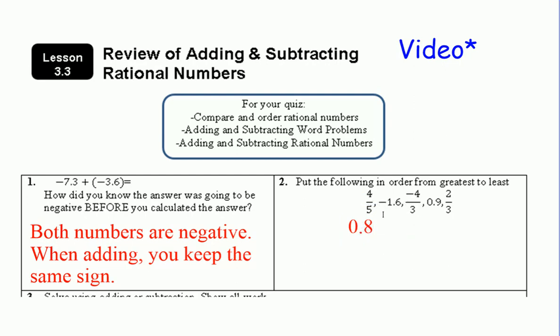Now I also have -1 6/10, and then I have to change -4/3 into a decimal also. So -4, ABC, 3, second, PRB, and I get -1.1 3/10, but the 3/10 is actually going to be repeating.